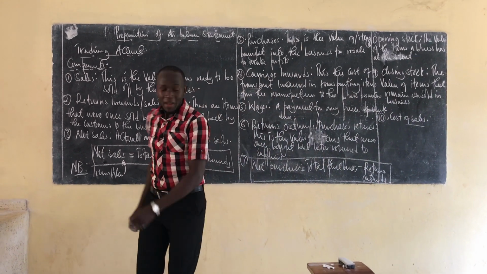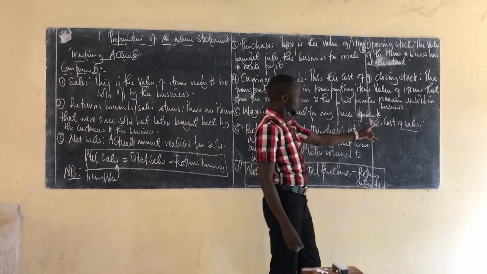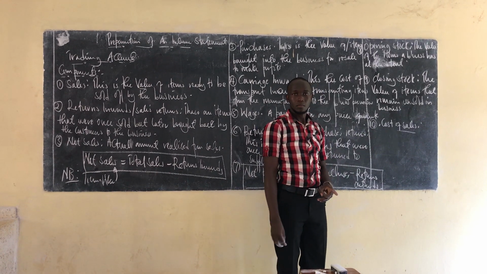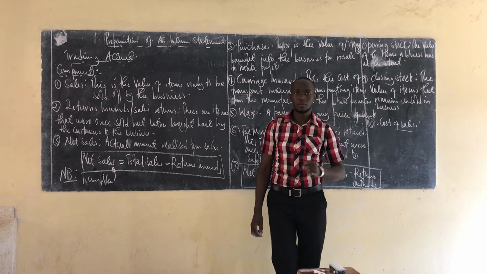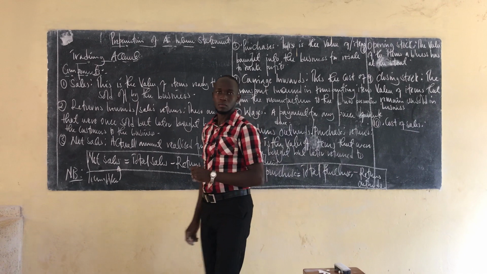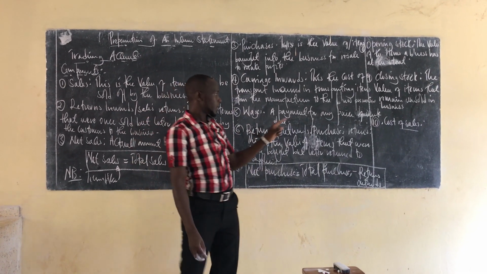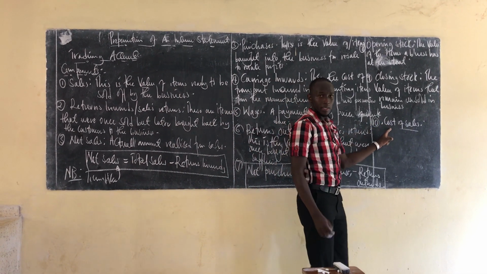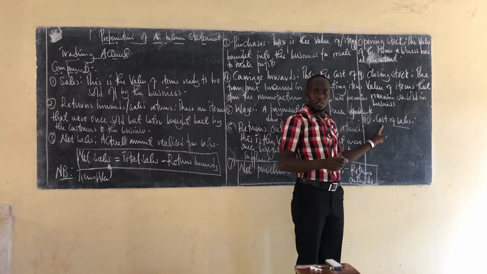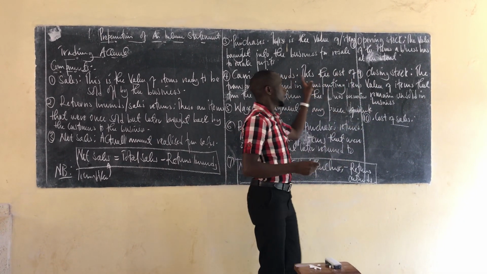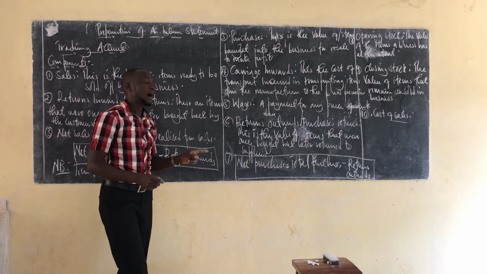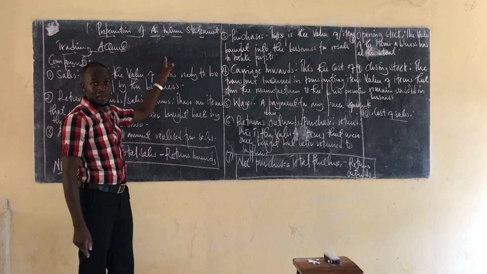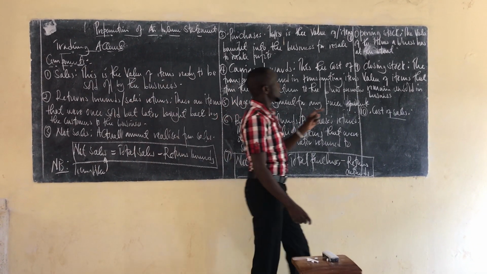Now, I have reasons for writing cost of sales last, or among the last. The reason is that the components of cost of sales were explained previously. Had I written cost of sales first, I would have to explain these ones.